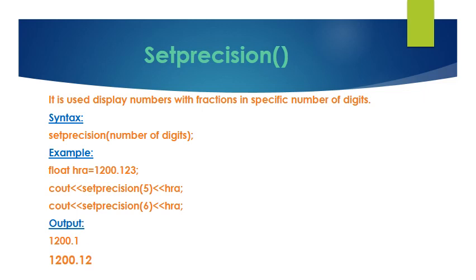So we will get the output as 1200.1, and the next cout will display 6 digits. So we will get the output as 1200.12. Here it will not count the decimal point as a digit. So this is the use of setprecision.